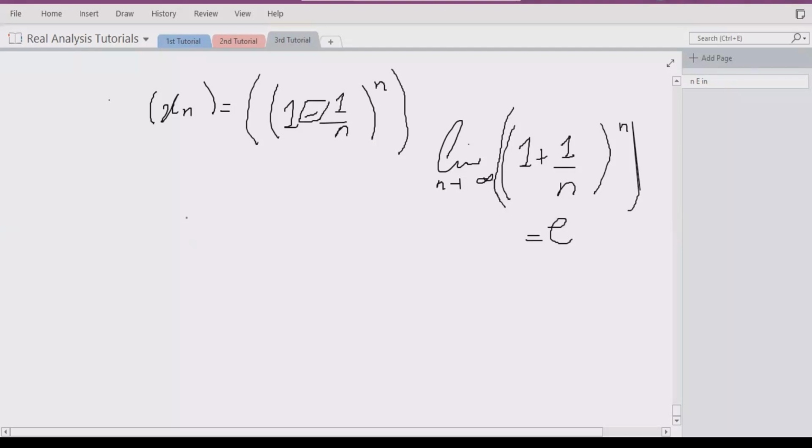So what can we do? We make this term into our desirable form.